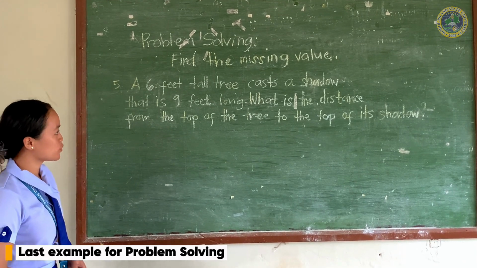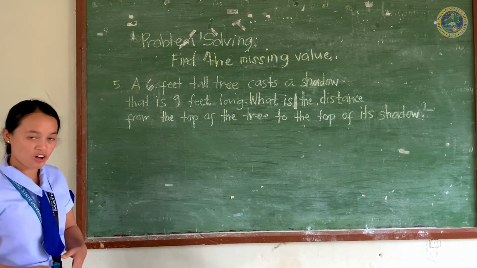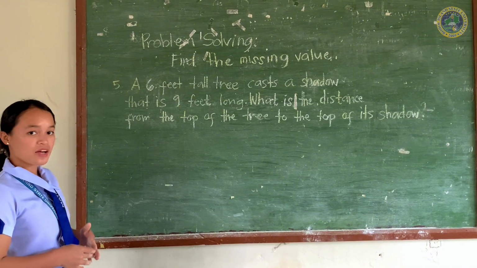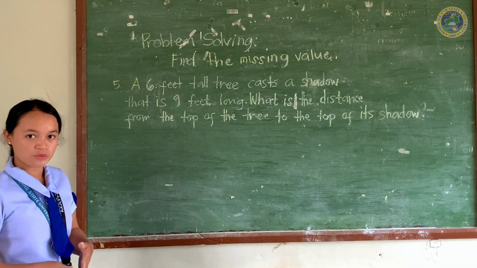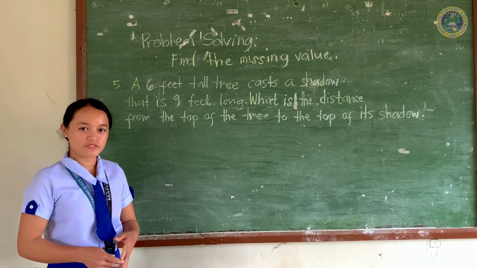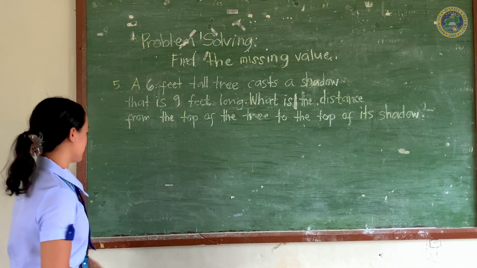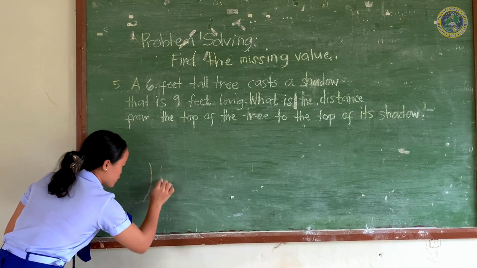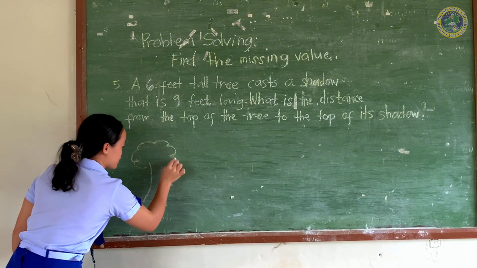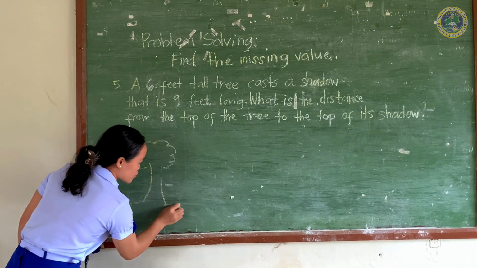A 6 feet tall tree has a shadow that is 9 feet long. What is the distance from the top of the tree to the top of its shadow? So let's illustrate the given so that we can easily identify the missing line. So let's draw a tree and its shadow.